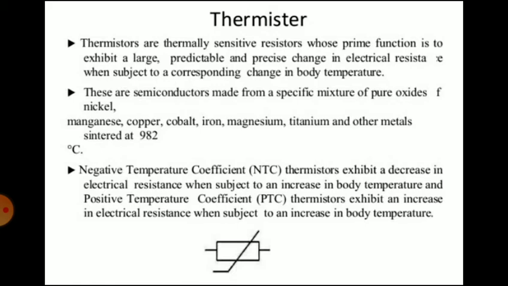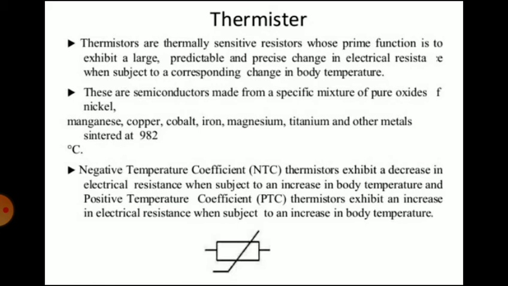These are semiconductors made from a specific mixture of pure oxides of nickel, manganese, copper, cobalt, iron, magnesium, titanium and other metals sintered at 982 degrees Celsius.